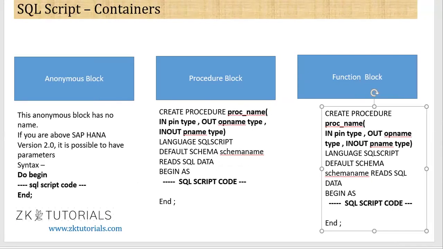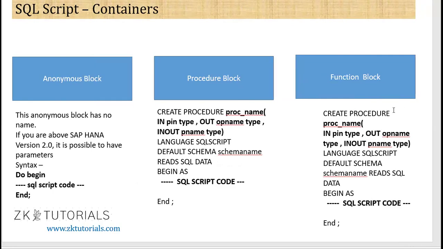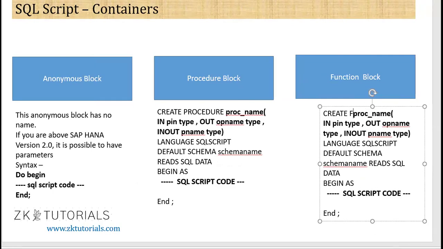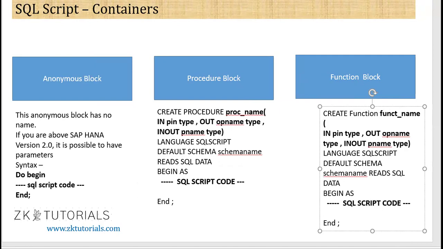So what will it do? It will say create function, and here will be my function name. Function can have only input parameters. Important thing, guys: a function can have only input parameters.